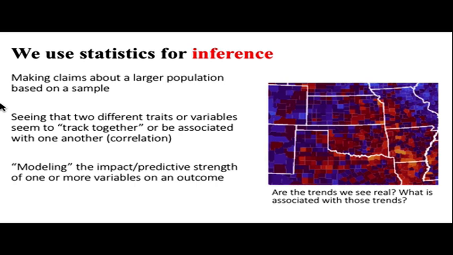And we have some reason to think that the variables that we have information on would help us understand the variation in the variable that we're interested in. That's why sometimes they're called covariates, because we're hoping that they vary in some direction, either up or down, with our outcome of interest. So that's really asking, are the trends that we see real, and what's associated with those trends, and can we draw any causal pathways there?